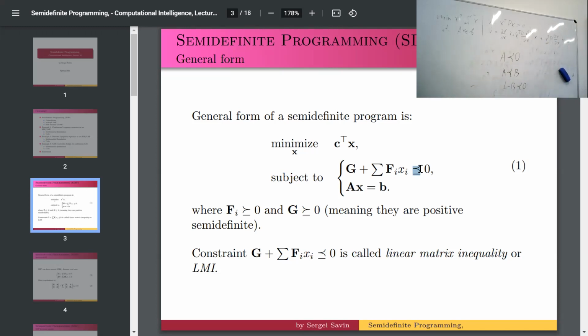That's all. By the way, is it true that if P is positive semi-definite, then this implies that minus P is negative semi-definite? Is that true, or is it not? Proof.